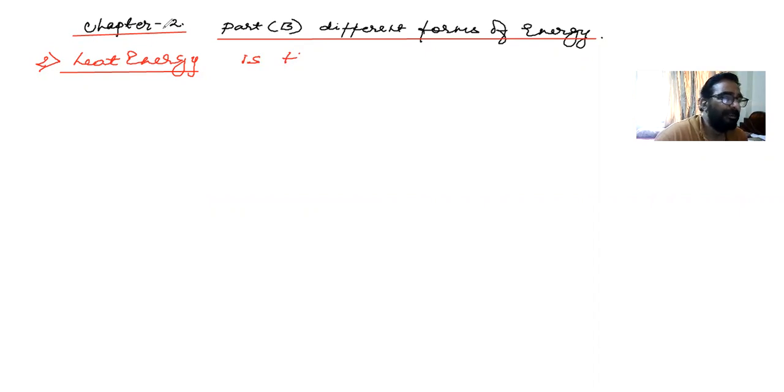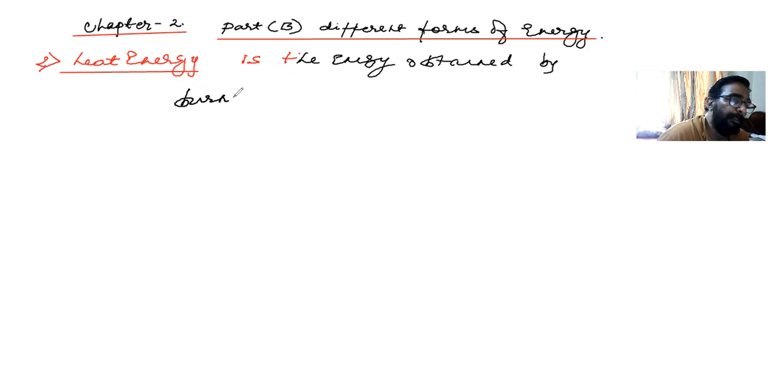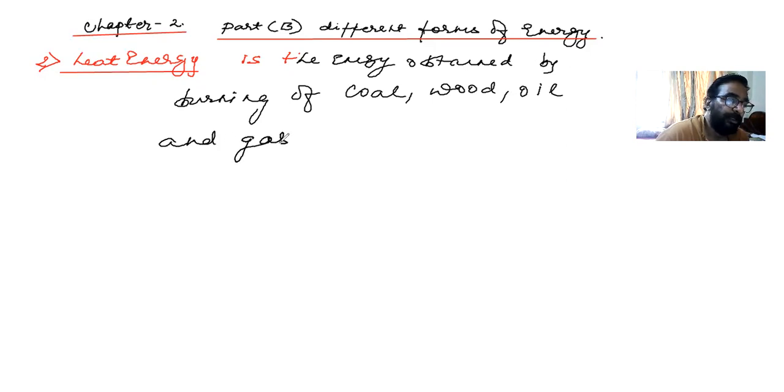Heat energy is the energy obtained by burning of coal, wood, oil, and gas.